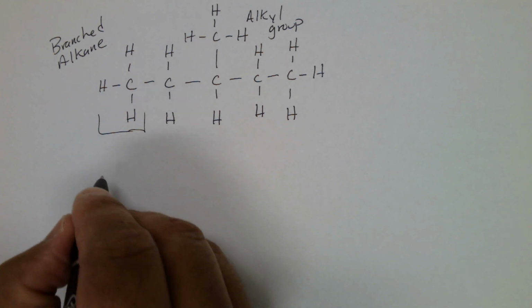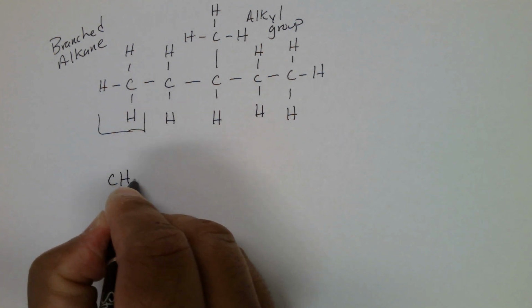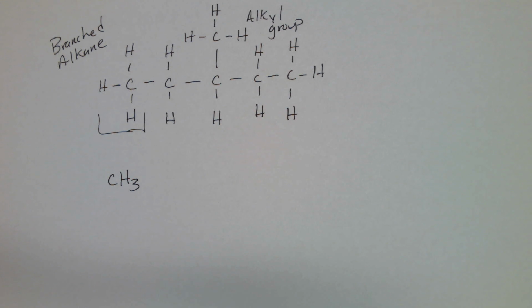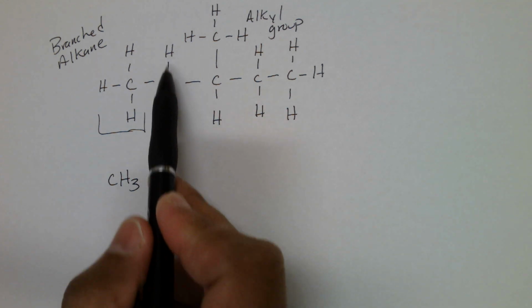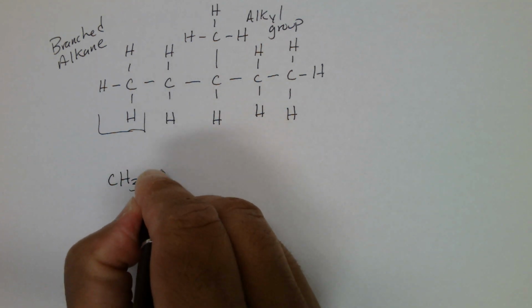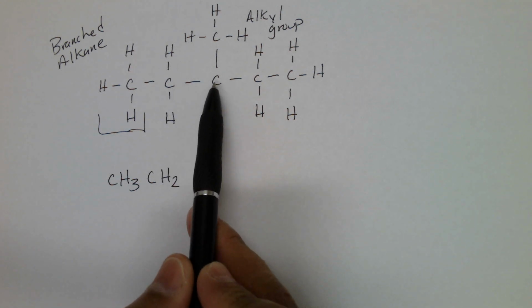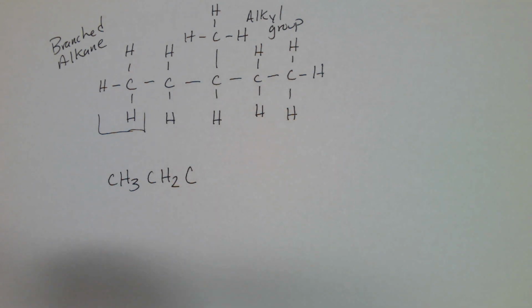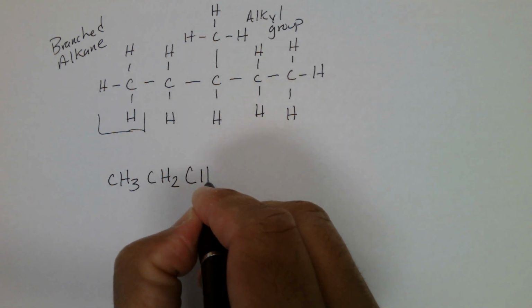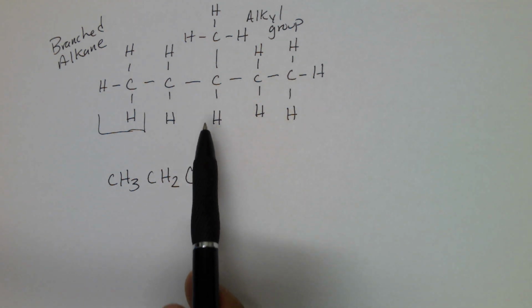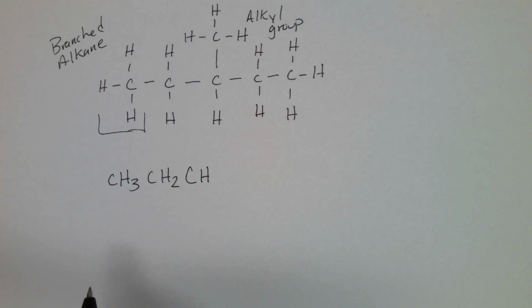At the end of this carbon chain, we have this CH3 group, followed by this methylene group, CH2. And then we have the middle carbon. This middle carbon is bonded to a hydrogen, and it's also bonded to the CH3 group.